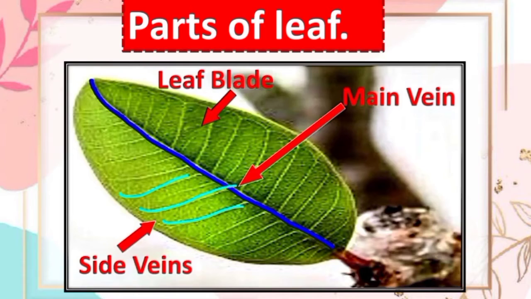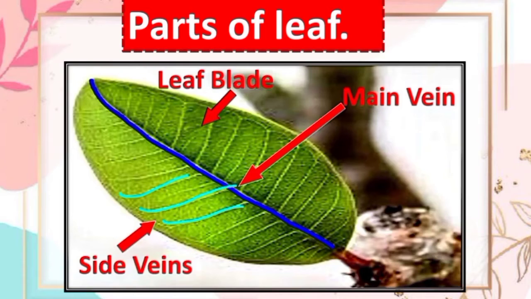Each leaf usually has one main vein and many side veins, as you can see in the picture. And veins help in the transportation of substances. So that is the function of veins. Veins help in the transportation of substances, for example water, minerals, and prepared food.